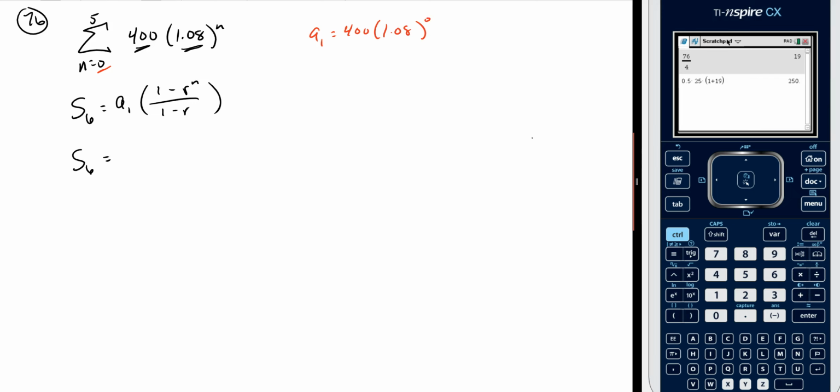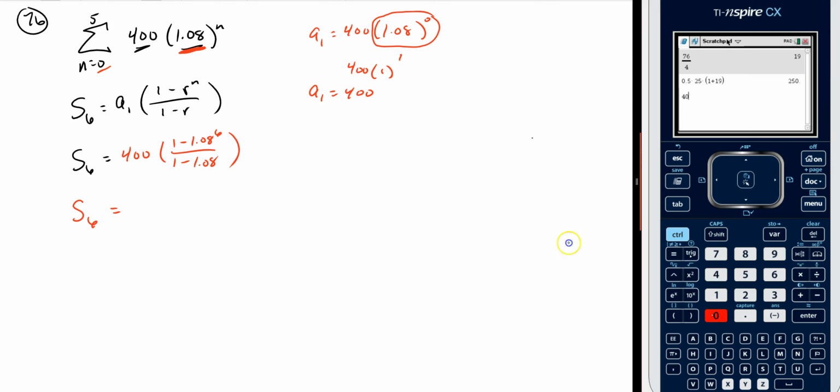That makes this whole factor just a 1, so it's 400 times 1, so A1 is 400. And then I've got 1 minus R. R is what's being raised to a power, so that's 1.08 over, 1.08 to the 6th, and then over 1 minus 1.08.